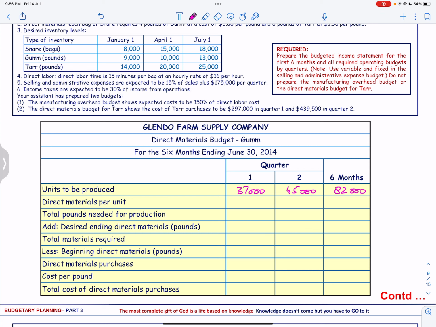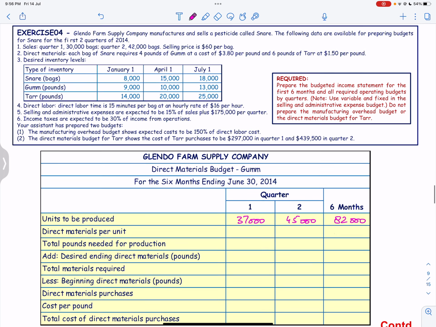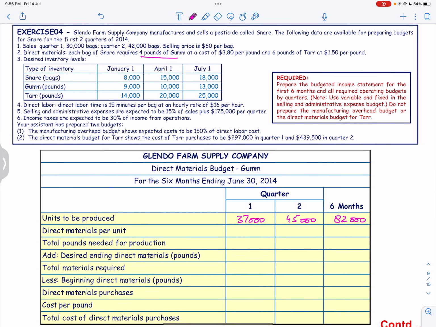Now the direct material per unit to be used is 4 pounds of gum. So we multiply this by 4, and this gives us a total of 148,000, 180,000 and 328,000.